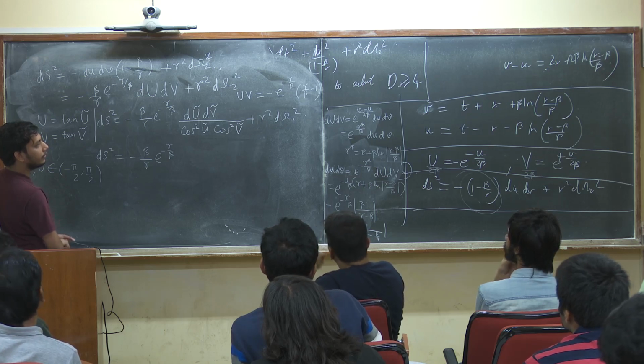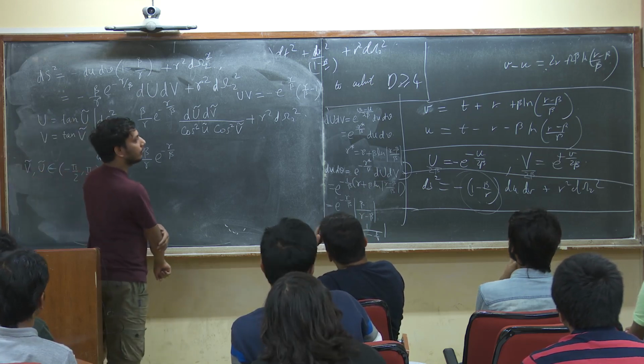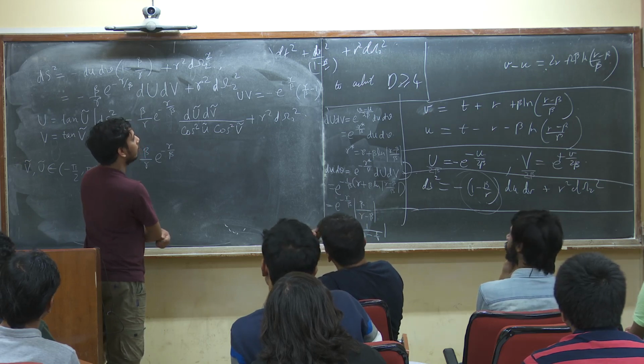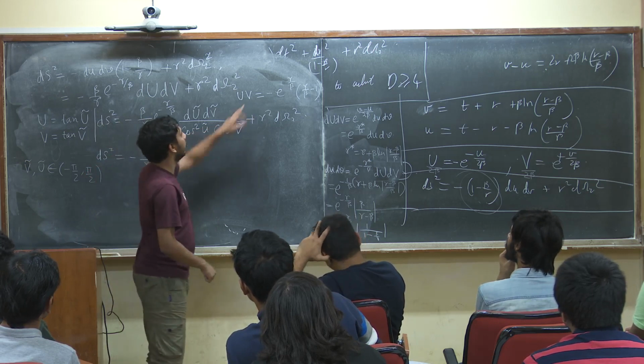But v minus u is greater than, r is greater than 0. I think I should do from this. Yes.